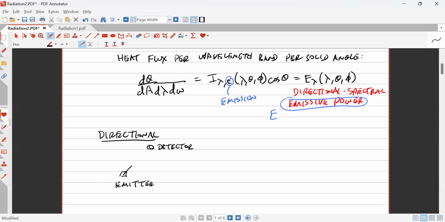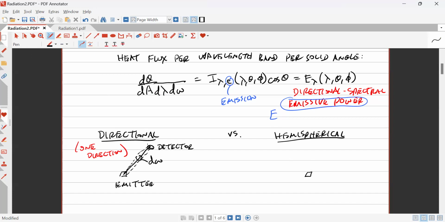And basically, we're talking about a single direction. Right over this little solid angle d omega. So directional just means one direction. So the opposite of it would be hemispherical. Hemispherical essentially means all directions.